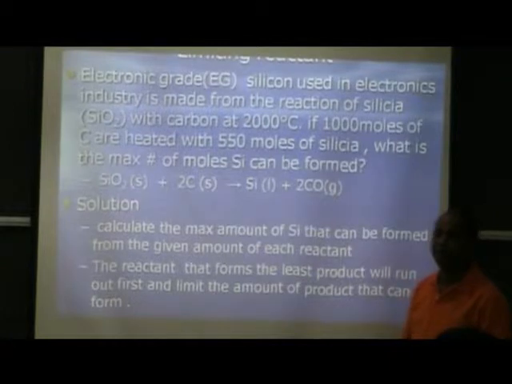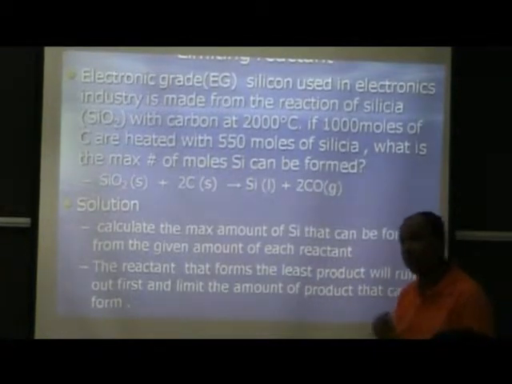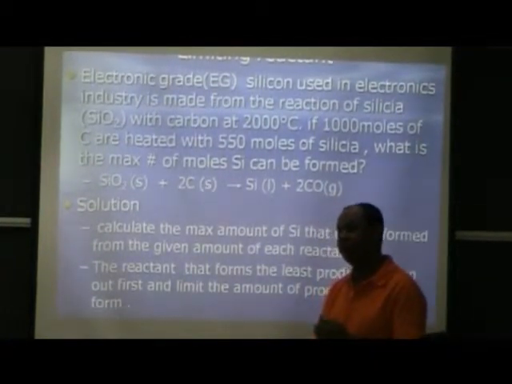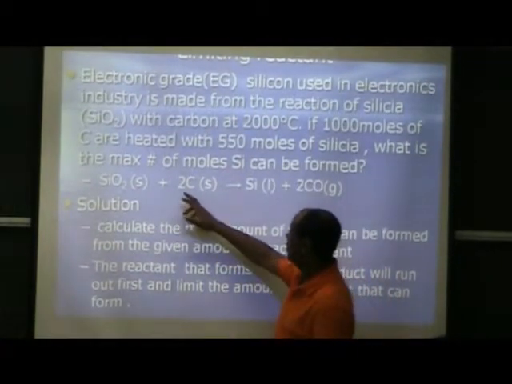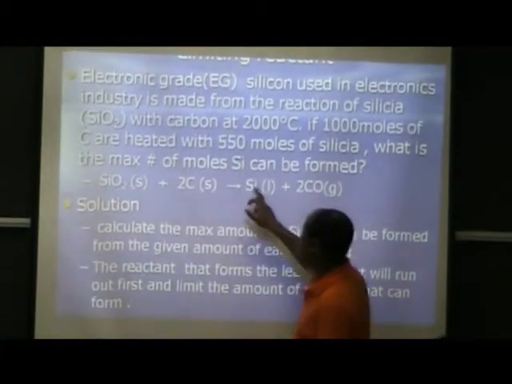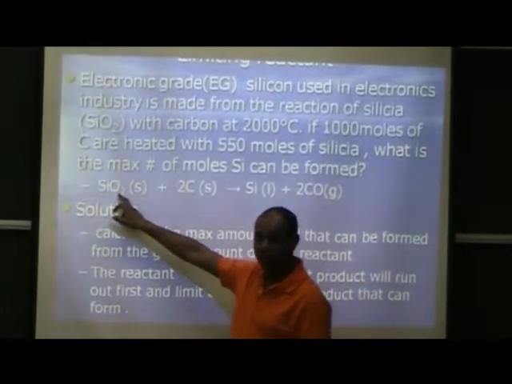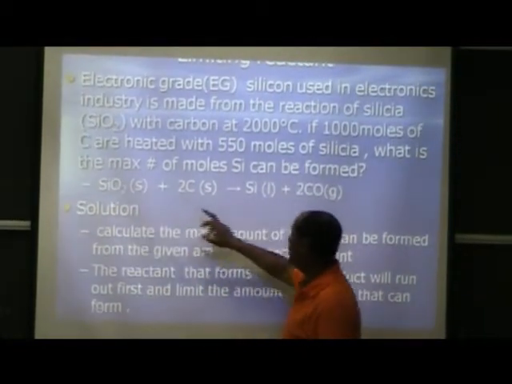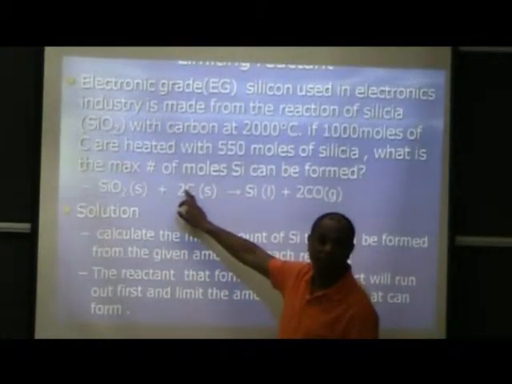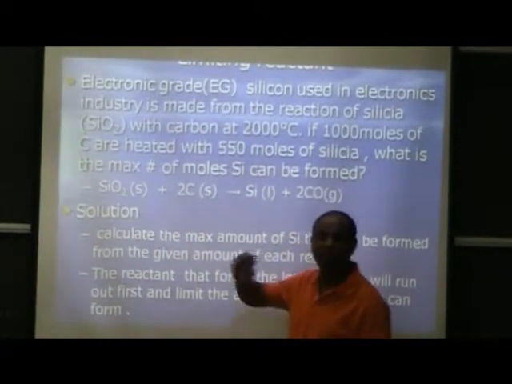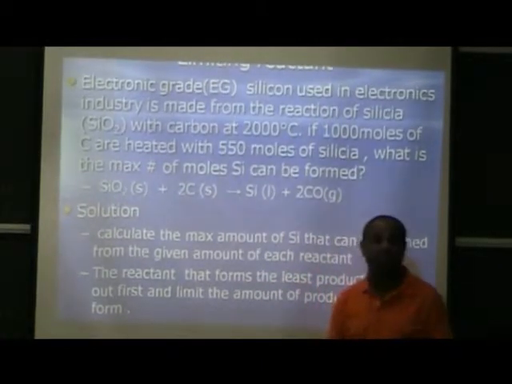So we have to make a chemical reaction. We need to see from the equation how much silicon I get from silicon dioxide, from silica, and how much silicon I get from 2 moles of carbon. The key part again is balancing the equation.